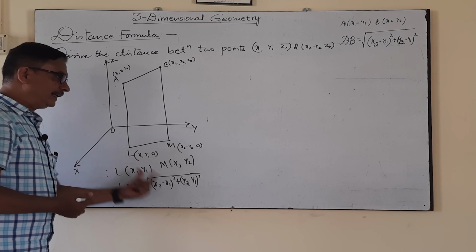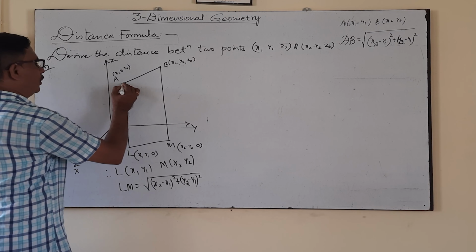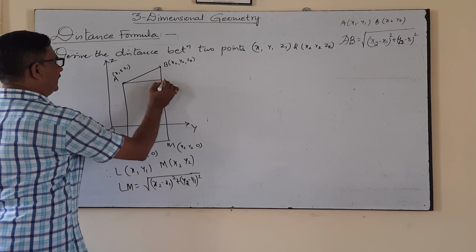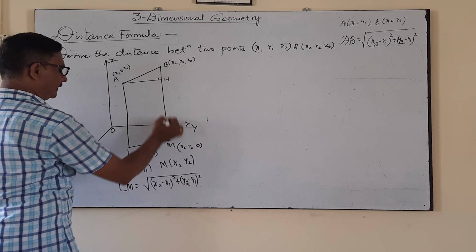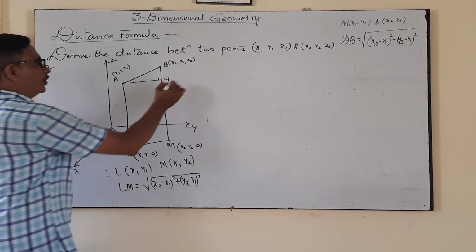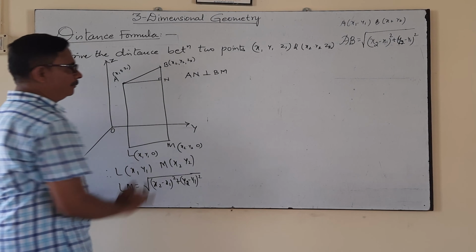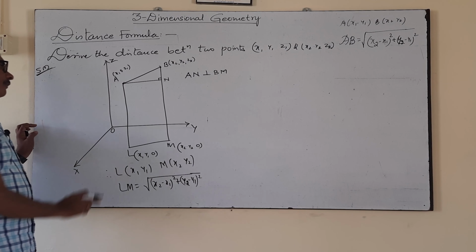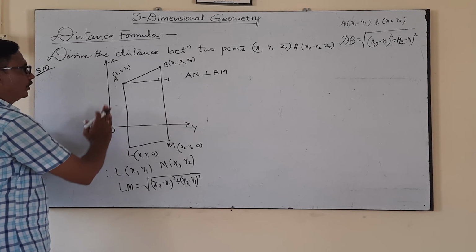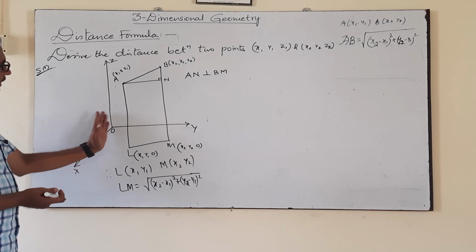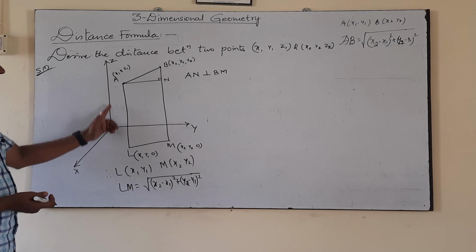Now we got LM. Then again construct: from the point A, draw AN perpendicular to BM. Now, AL lies on which axis? Z axis.